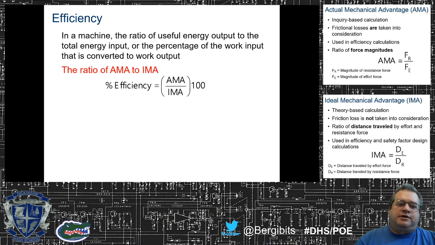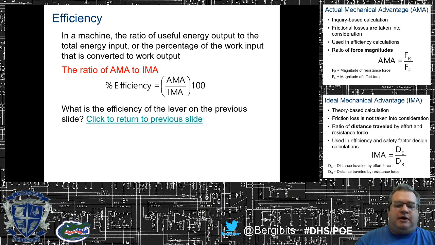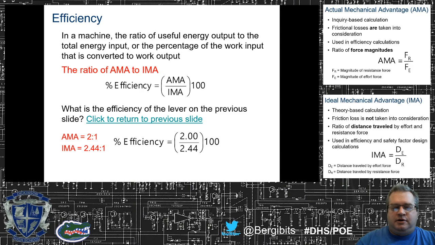All right. So efficiency. We want to know how efficient this lever is. So it's AMA divided by IMA. Get the previous calculations that we just did, which is 2 to 1, 2.44. So 2 divided by 2.44 multiplied by 100 gives you an efficiency of 82%.